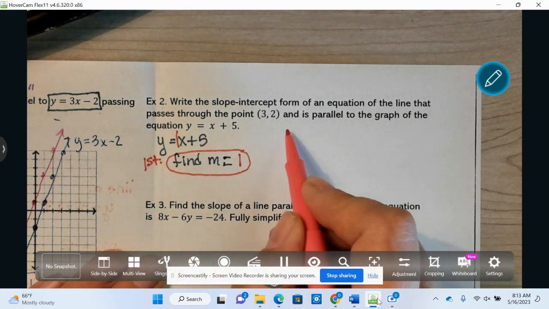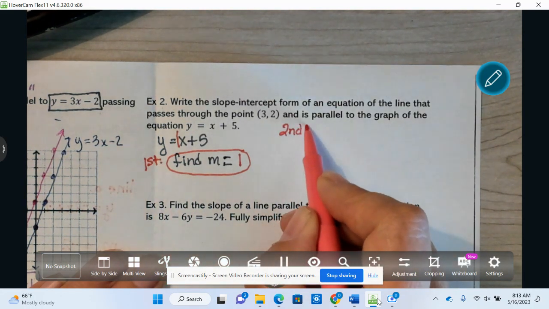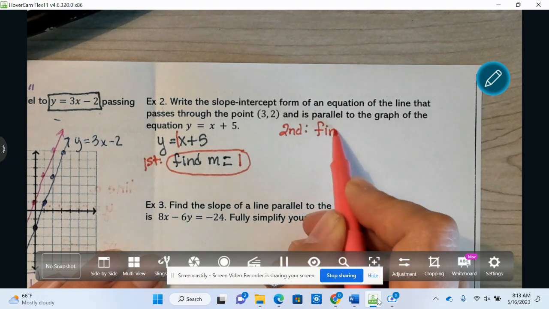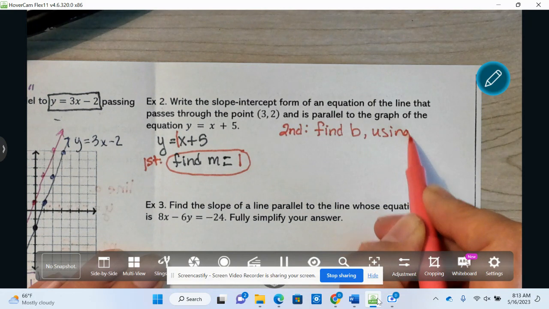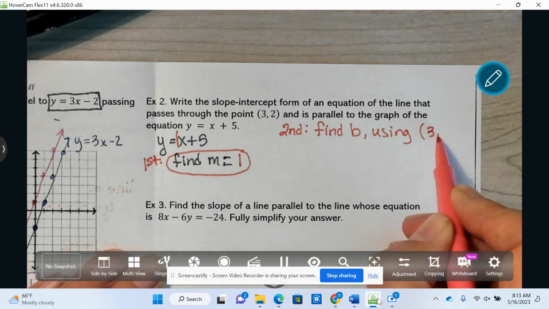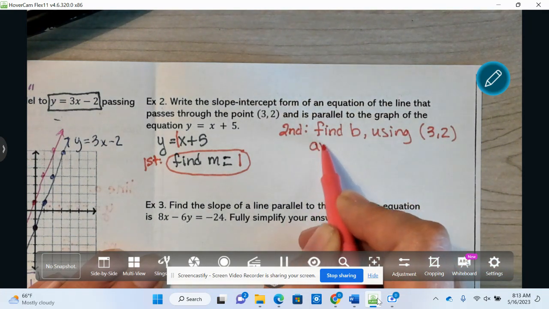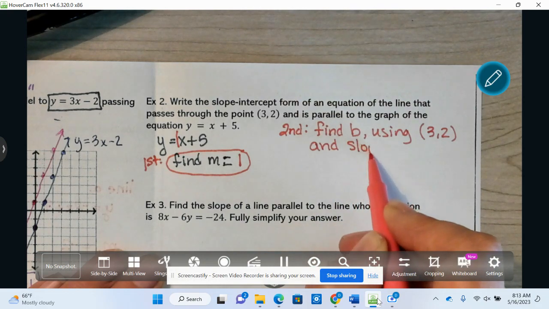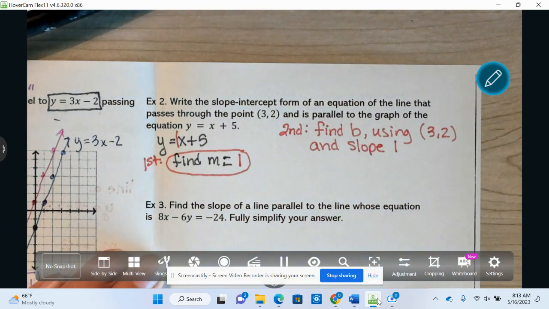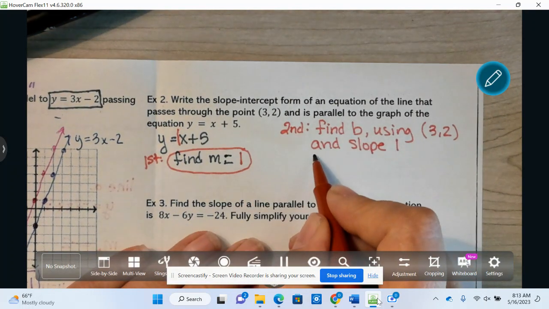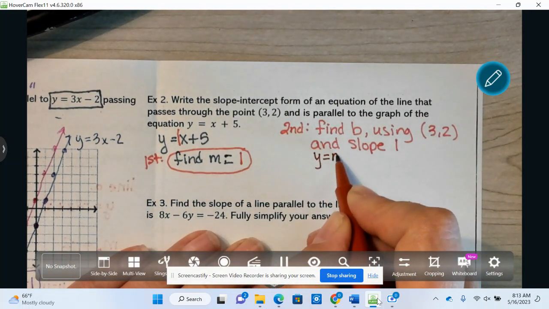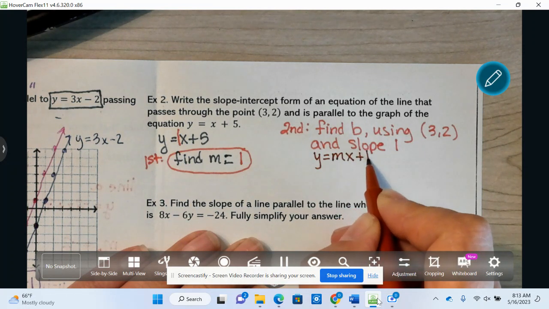Next, I have to find b using the point (3, 2) and the slope 1. I just write y equals mx plus b and plug those values in. So y equals m times x plus b.